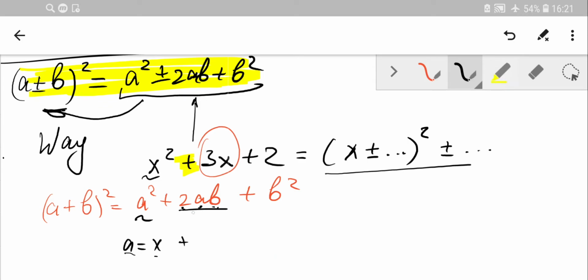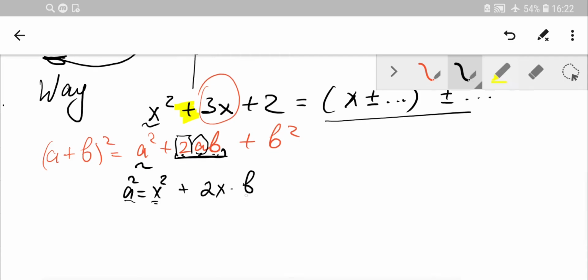So what we're going to do is rewrite this middle term as the following. I write 2 because we need to have 2 anyway. Then I write x, which is simply a. That's why I put my x instead of a, and the rest should be b. But this whole structure should be equal to 3x.